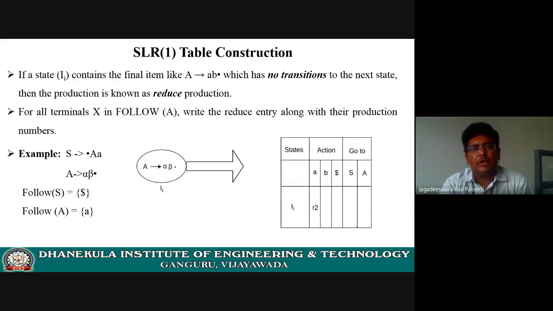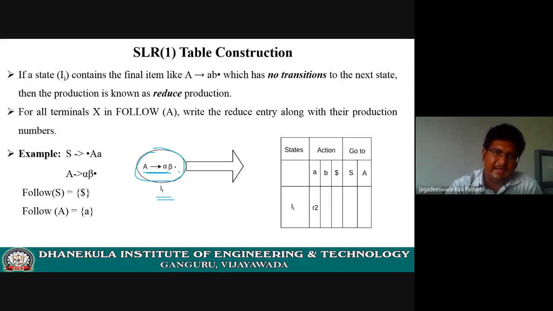Now come to our new point. Our new point is this one. For example, in your state, let us take the same name, Ii. Ii is the state. In that particular state, if you have a production rule like this, where the dot has reached the end and there is no further movement of the dot, then of course we consider this Ii the reduced state.